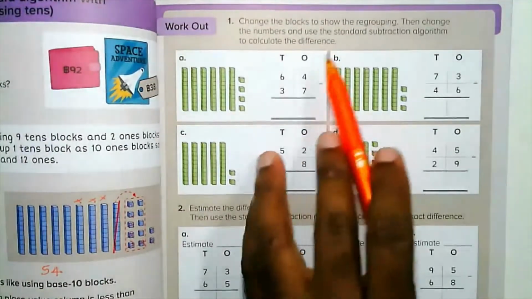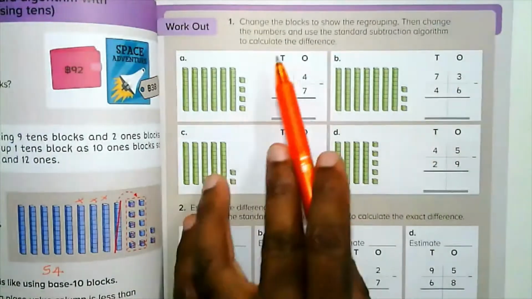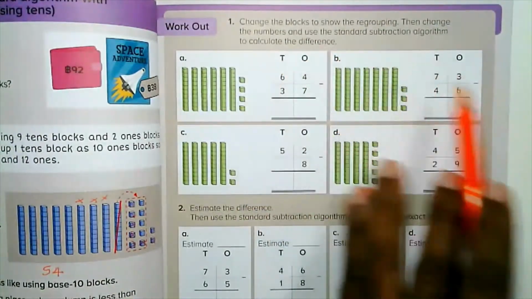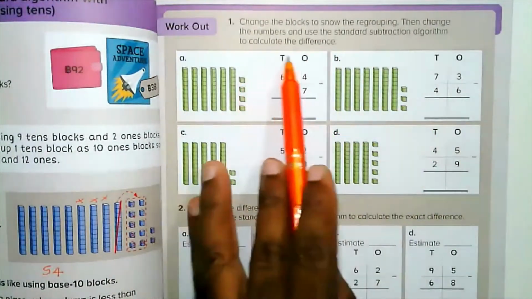Change the blocks to show the regrouping. Then change the numbers and use the standard subtraction algorithm to calculate the difference.